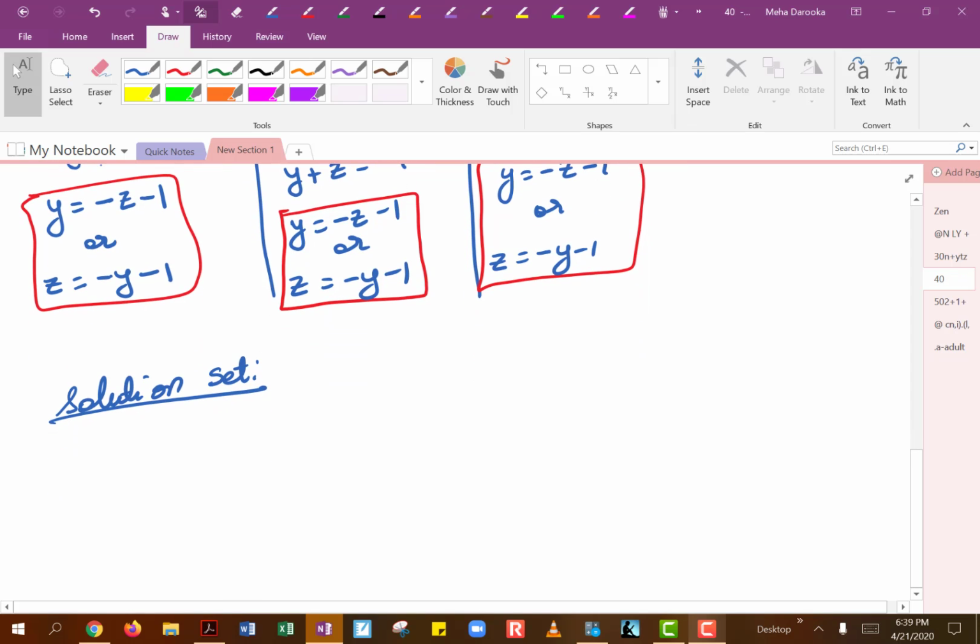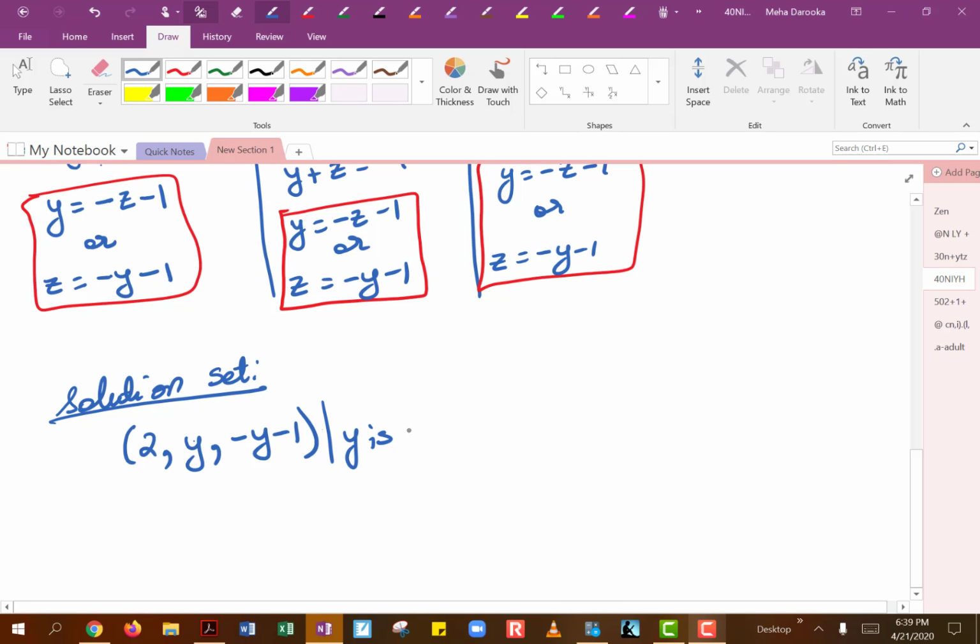So if they want this in terms of y, then our ordered triple is going to be x is 2, of course we got that, but then in terms of y, you would write y over here, and then you would have z equals negative y minus 1, and this is when they want us to write this in terms of y.